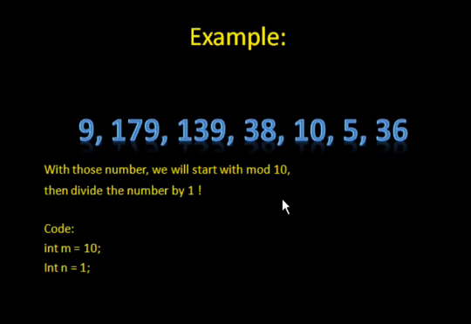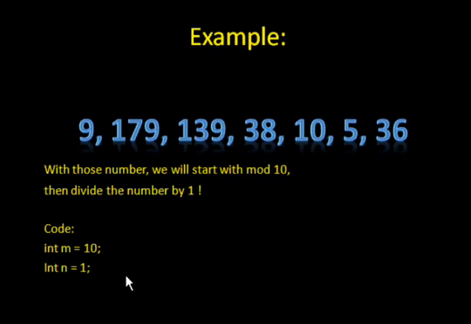Now when we start, we want to find the least significant digit, which will be in the ones column. To find that in a code algorithm, we would start by having a variable m equal to 10 and n equal to 1. You'll see what this means as we continue. M sort of mods the number.